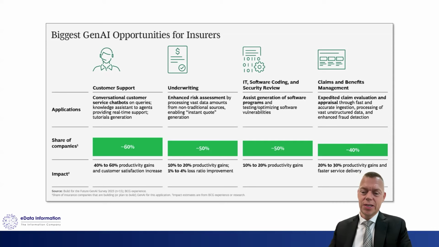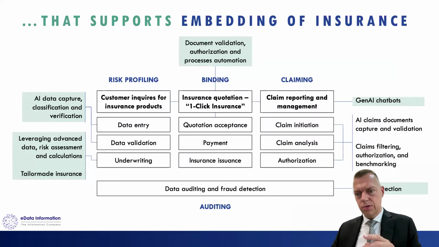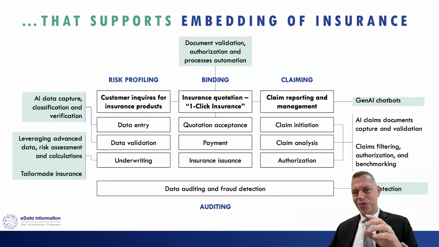Let's just look at these use cases one more time in the light of embedded insurance, because if or when you start wondering, how do we get into embedded insurance? Again, there are a lot of these AI add-ons that you can use to improve your offering through the digital channels for embedded insurance.